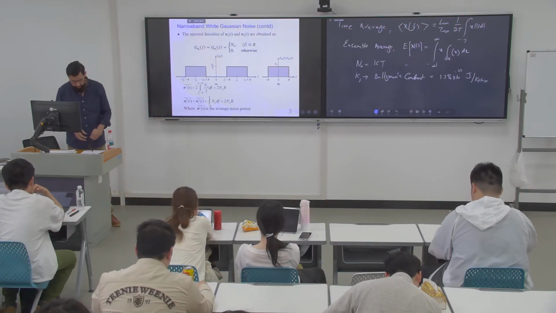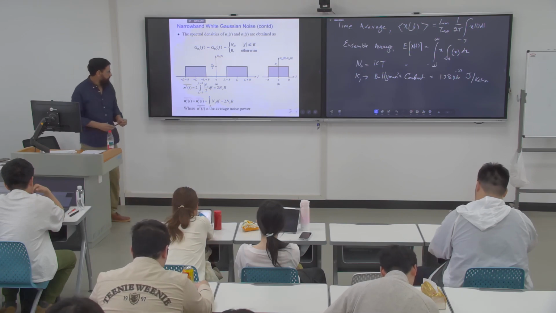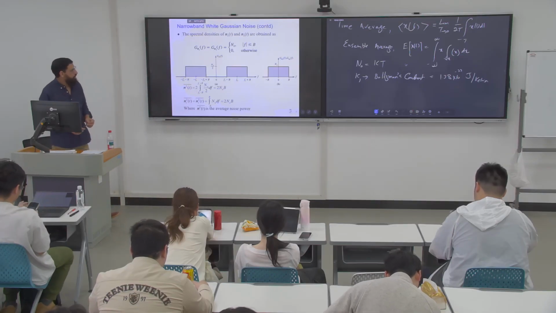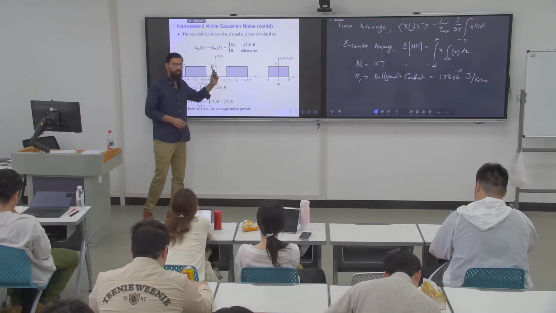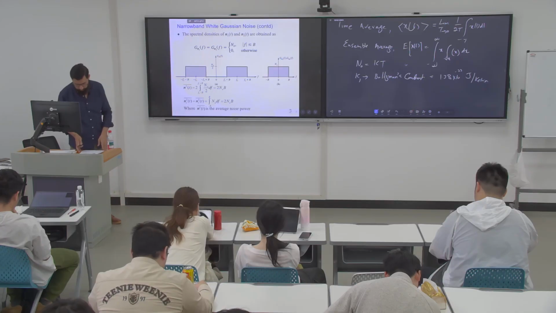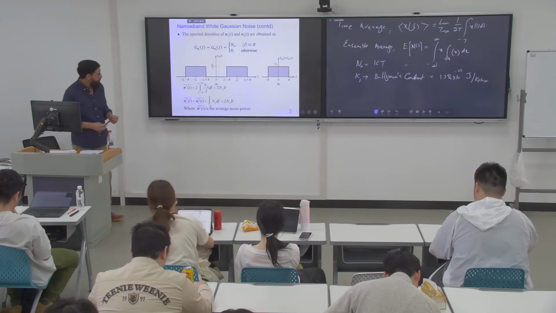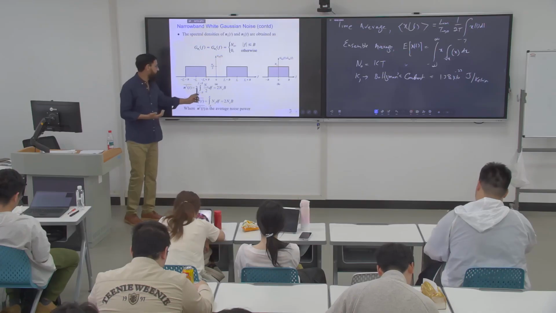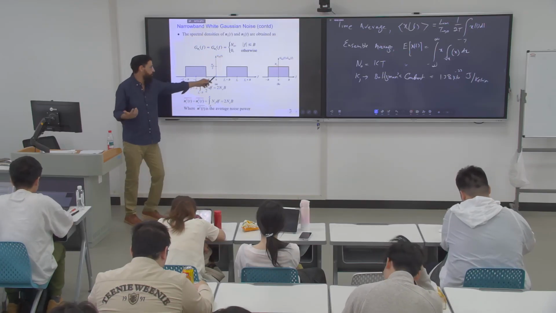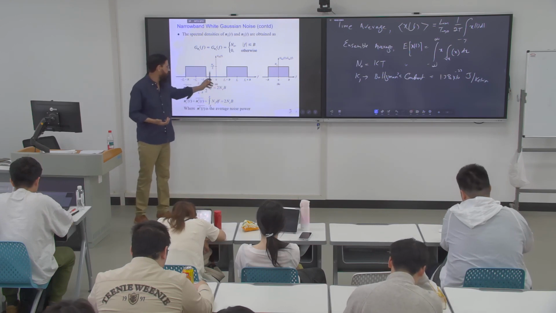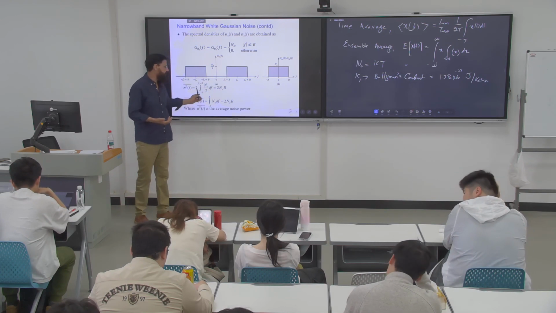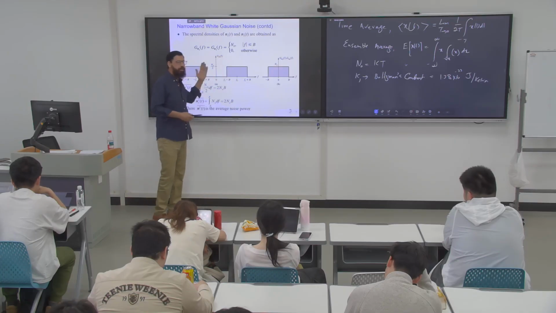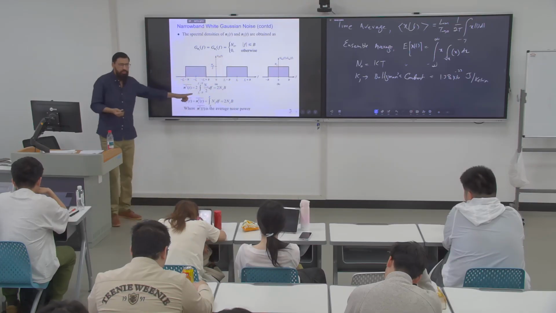Again, using the even symmetrical property, you can integrate from Fc minus B to Fc plus B. Because both are equal and both are even, I can take this one and I don't need this one. They are mirror images, so that's why the factor of 2 is here.